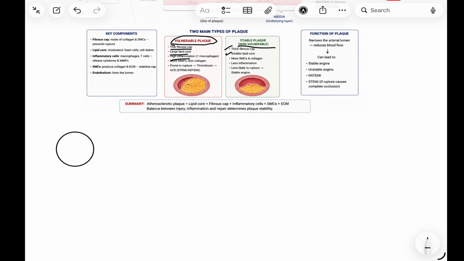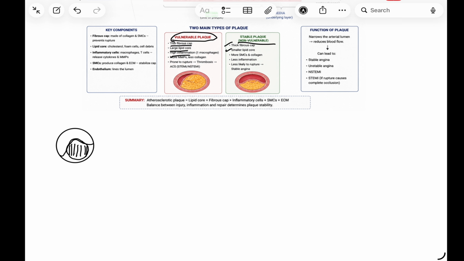Suppose this is your artery and this is your thin fibrous cap and this is your large lipid, right? So this is vulnerable and this is the cut section of stable plaque. It has a thick fibrous cap, right, and a small lipid core.